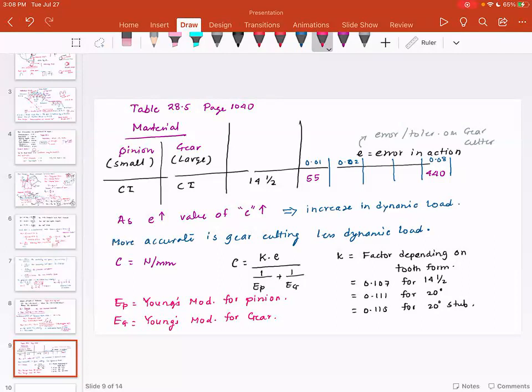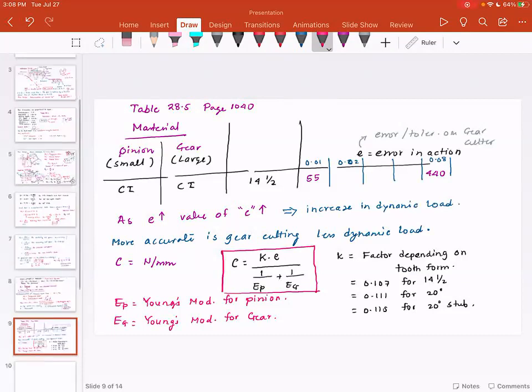So if you are going to go this route and use this equation, we need to know what the value of E is.